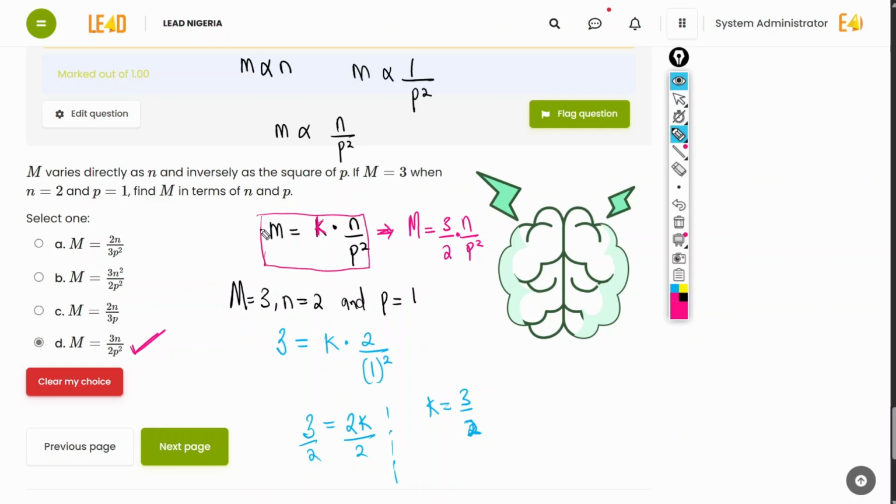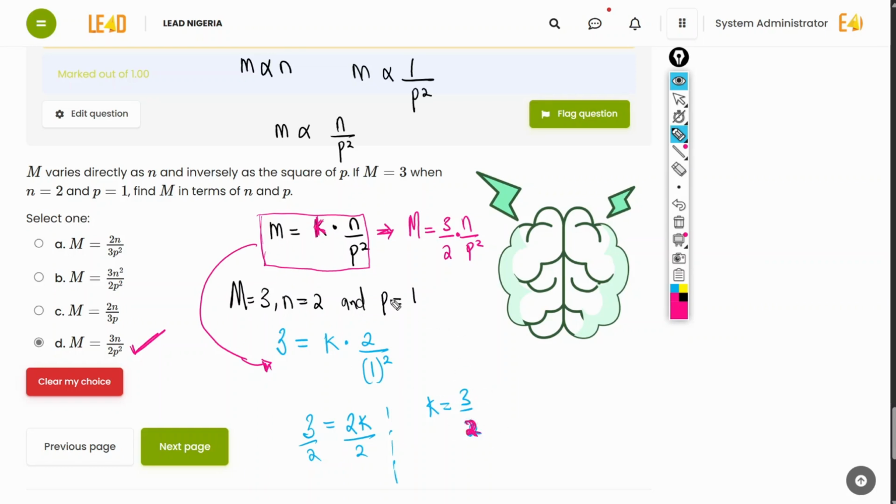But to get the standard relationship, we must solve for the constant, k. And they were gracious enough to have given us a relationship that when m is 3, n is 2, and p is 1. So I threw all of that into the expression here, and then solved it down until I got that k is equal to what? 3 over 2.